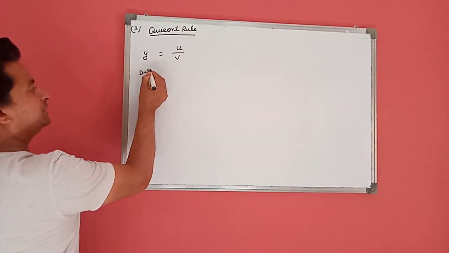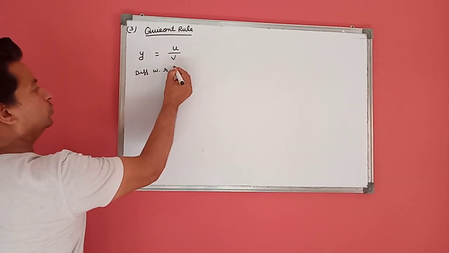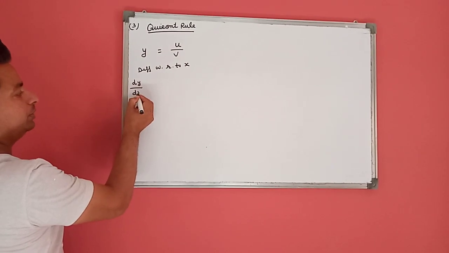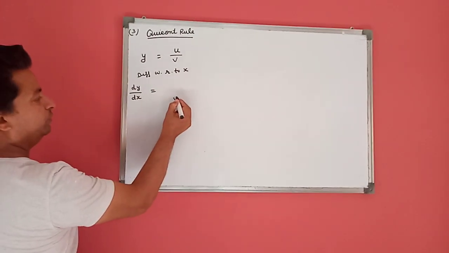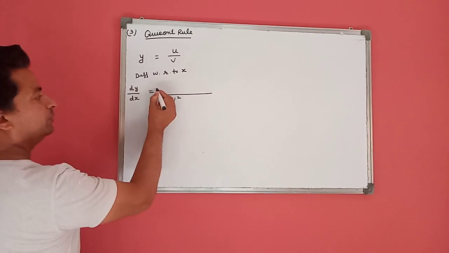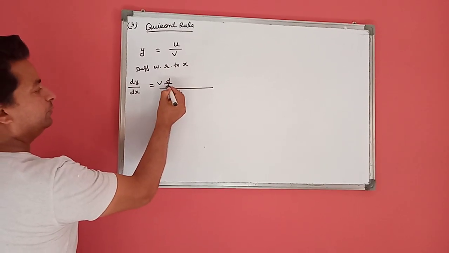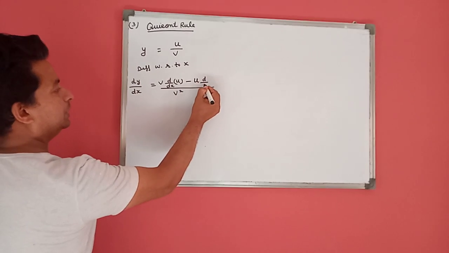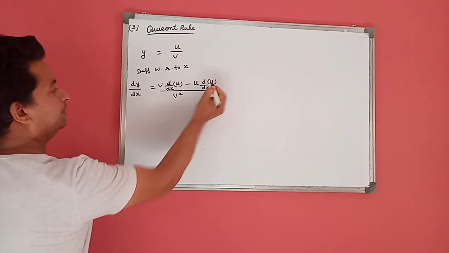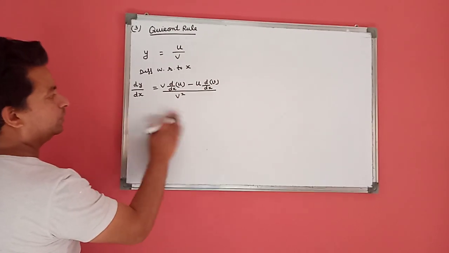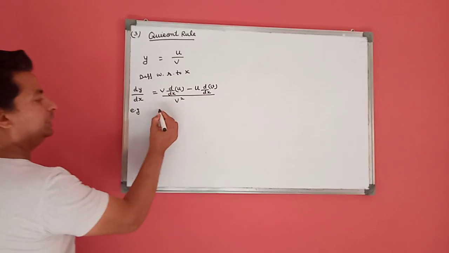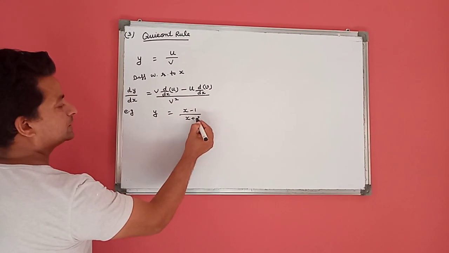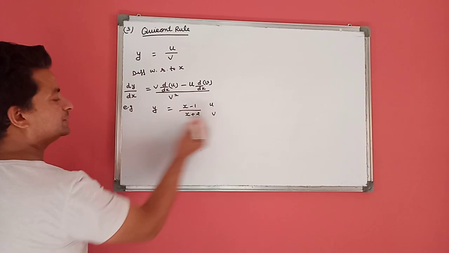When we differentiate with respect to x, that is dy/dx, v squared in the denominator, first v times the differentiation of u, minus u times the differentiation of v. For example, if we take the function (x - 1)/(x + 2), this is u, this is v.